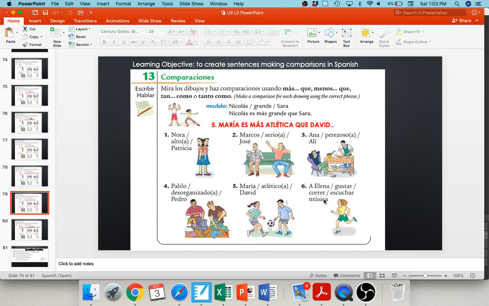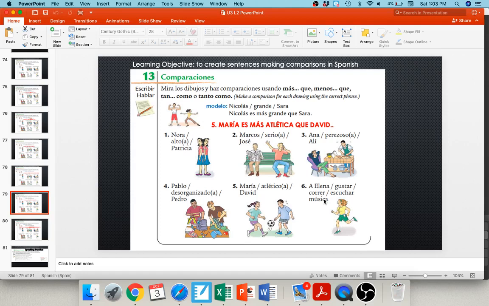And on the right in number 6, we have Elena, gustar, to like, correr, to run, and escuchar música. I think this is the hardest one. So we have Elena likes running or listening to music, and which one does she like more? Well, if you're looking at the picture, she is running and she has some headphones in. She's listening to music too. So we're trying to say here that Elena likes to run as much as listening to music.